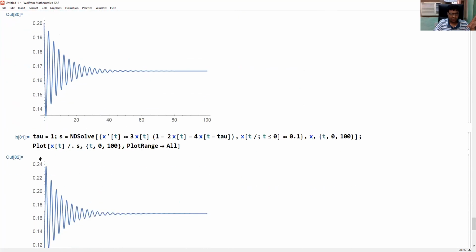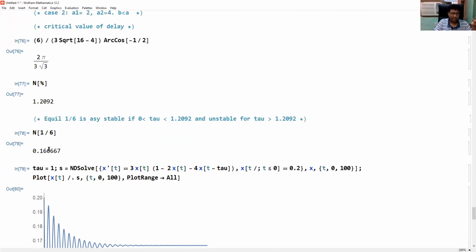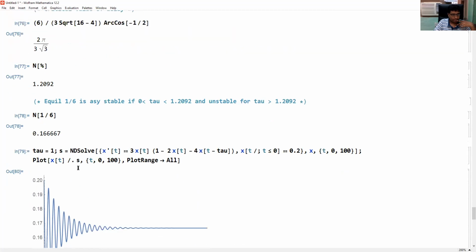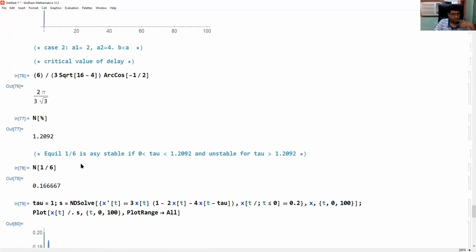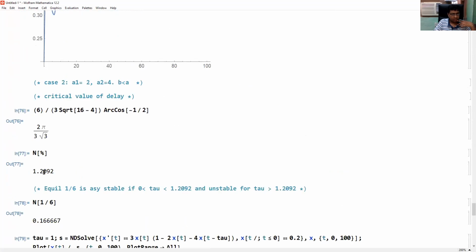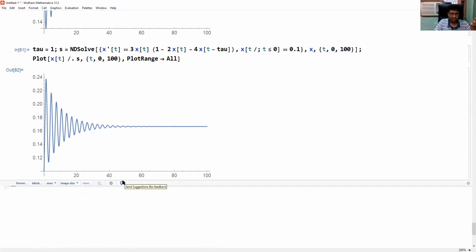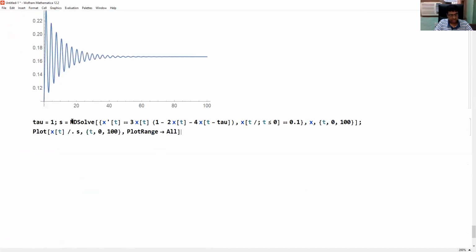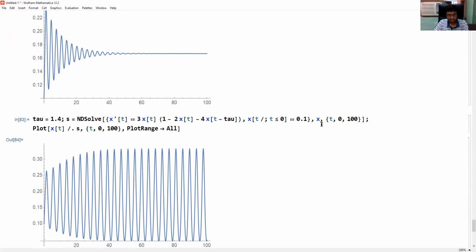Now let us select a different value of delay. Now we choose delay which is bigger than this critical value, say 1.4, and we choose different initial conditions. This is 1.4, and the initial value is between 0 and equilibrium.